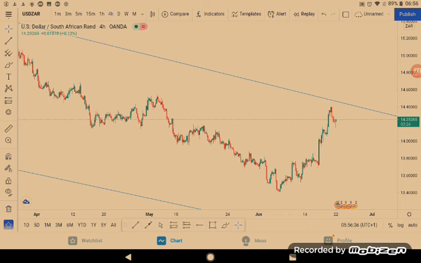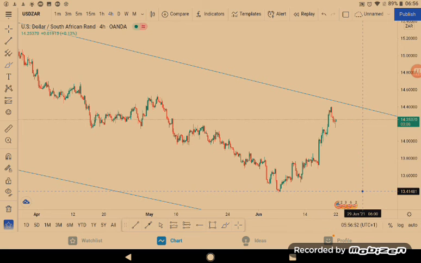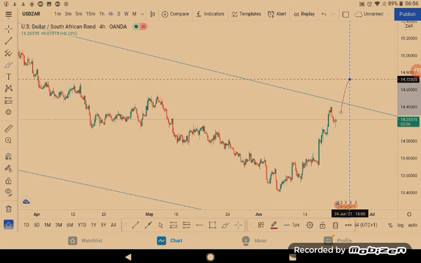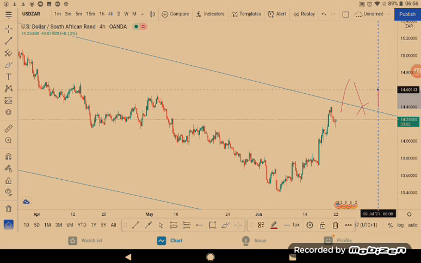You're just going to wait for price to get here. If it doesn't, it's okay. You find opportunities to go down and sell, because this is a trend line. You apply the trend line strategy. If that doesn't happen, if it breaks here, what you wait for is a retest and then you buy.